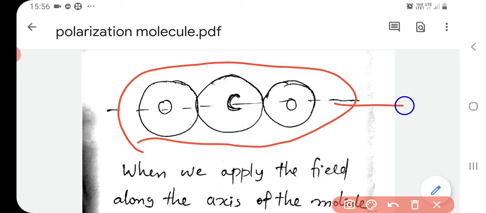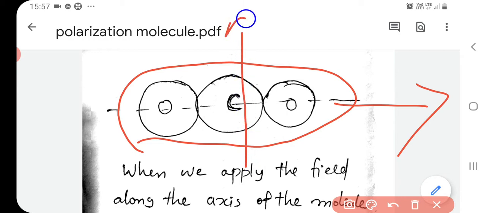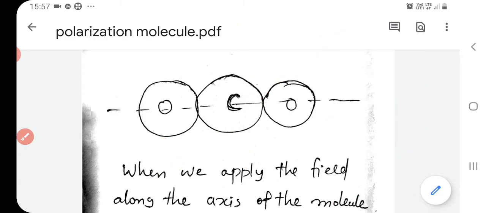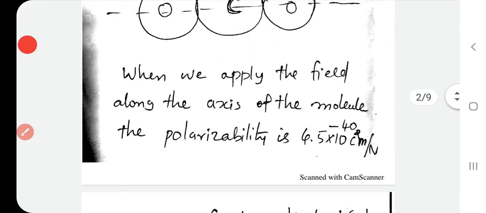Along the axis means this direction. Perpendicular to the axis means you are applying the field in this direction, or you might be applying the field in some other direction. So depending upon the direction, the polarization will be different.